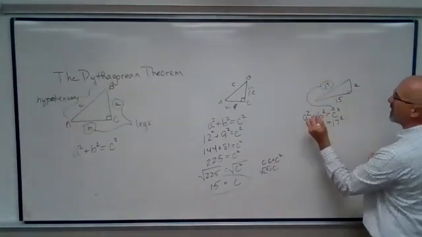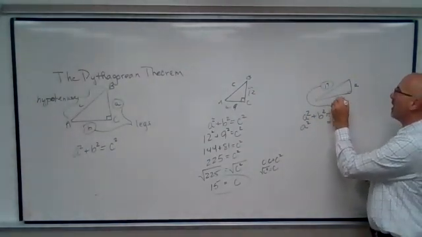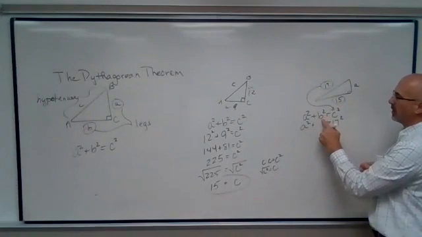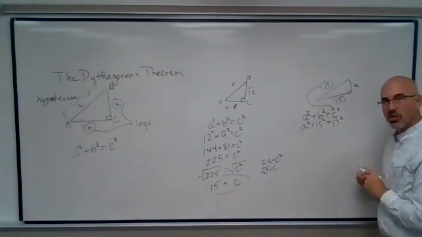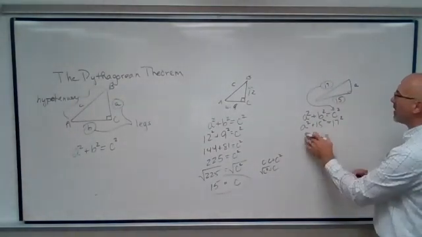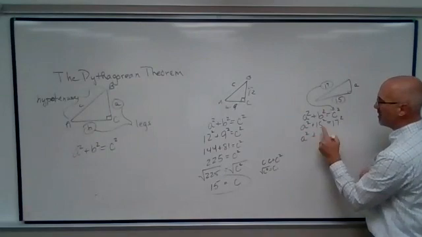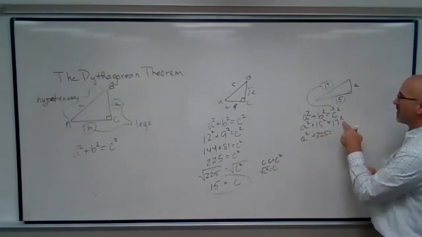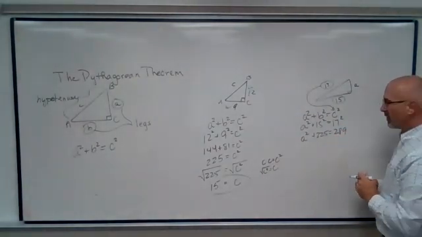We are trying to find A, so A stays where it is, A squared. And then the number 15 is being replaced with B. So we have 15 squared. Okay, now we can start doing our math. A squared is the same. 15 squared is 225. 17 squared is 289.